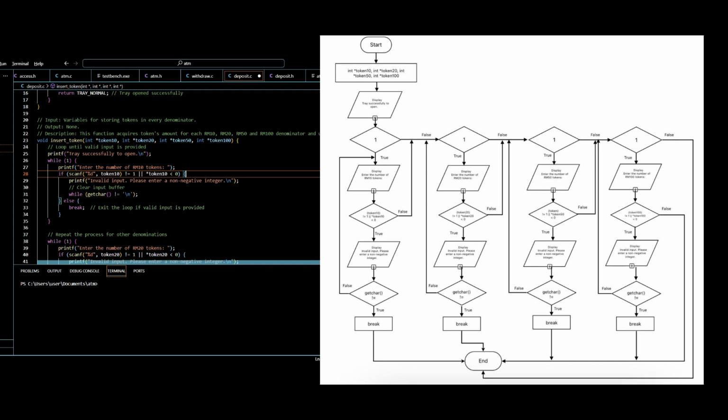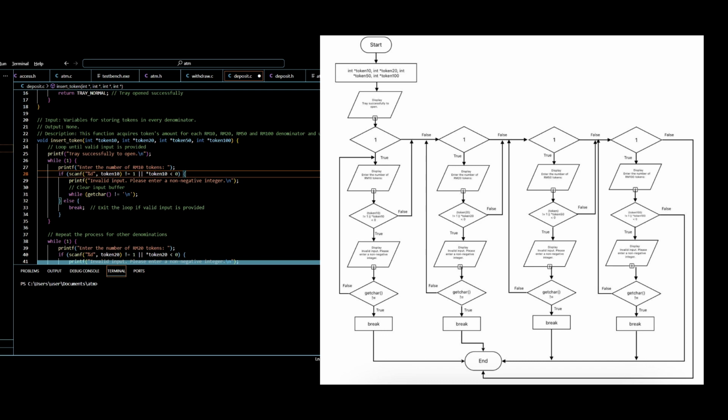printf "Enter the number of RM10 tokens" prompts the user to enter the number of RM10 tokens. If scanf("%d", &token10) != 1 || token10 < 0, check if the input is not a valid integer or if it is a negative integer.